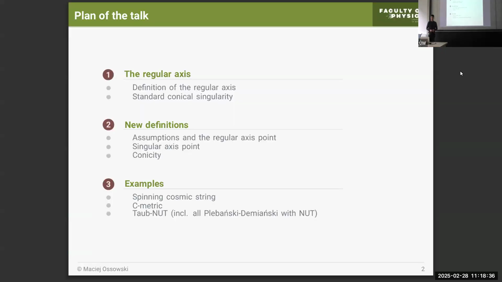So I want to talk about the axes in NUT spacetime, which are necessarily singular.